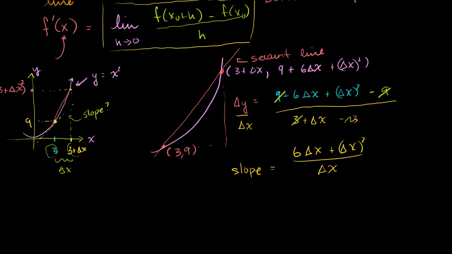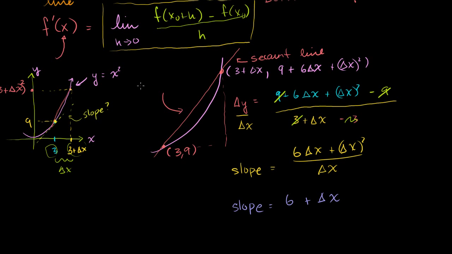And I will switch colors just to ease the monotony. So the slope of my secant line, the one that goes through both of these, if you divide the numerator and denominator by delta x, this becomes 6 plus delta x. So that is the slope of the secant line.